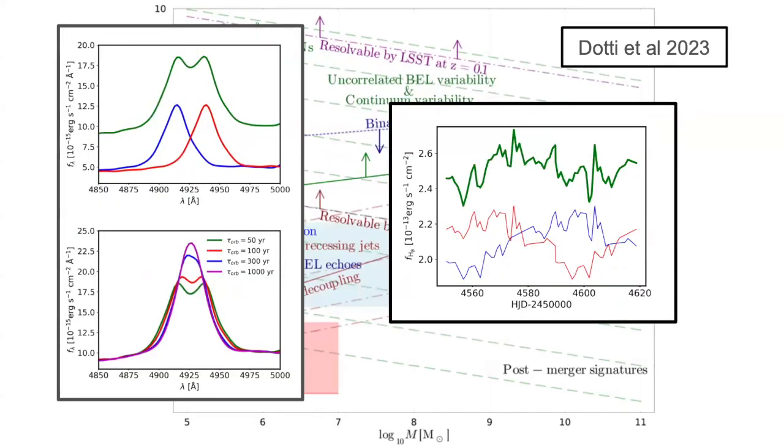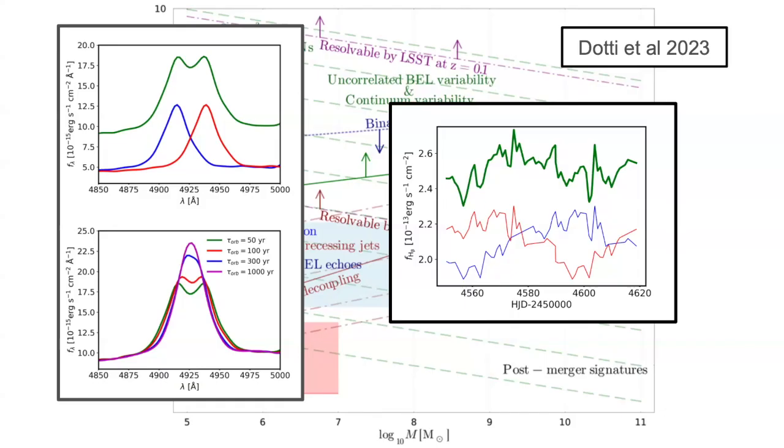Since we have two broad line regions, and if we assume that both the black holes are active, the total profile of the broad emission line will be composed of two contributions, one from one black hole and the other from its companion. The two black holes are still not interacting, meaning that the continuum emission is not affected by the presence of the other. And so the variability of the blue contribution will be uncorrelated with the one of the red contribution.